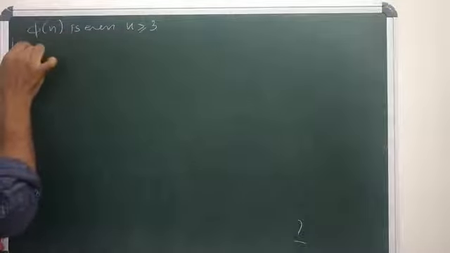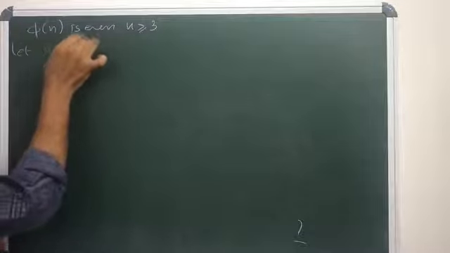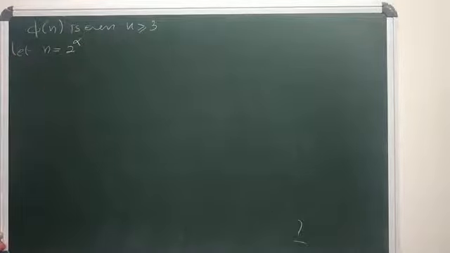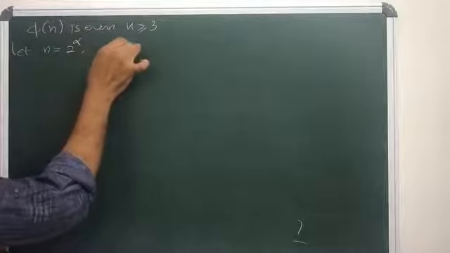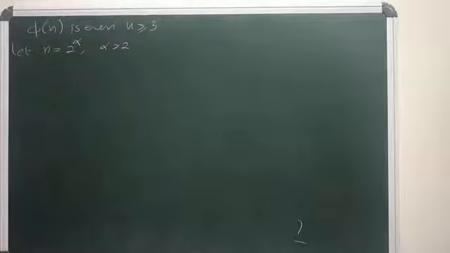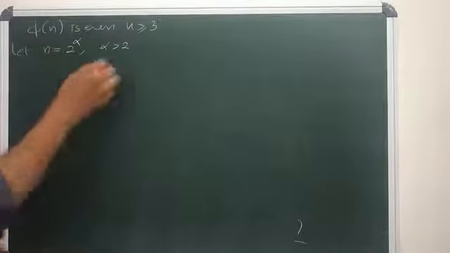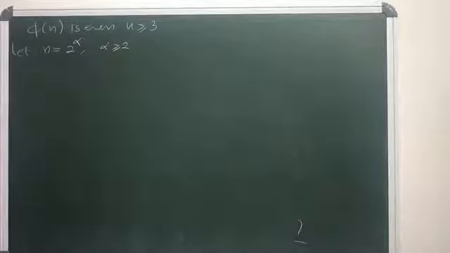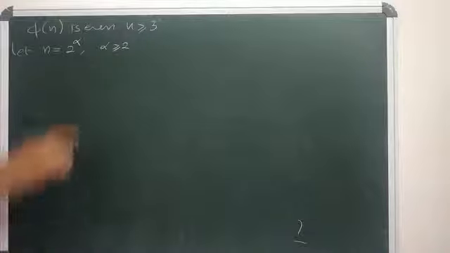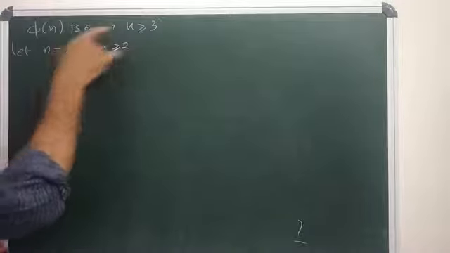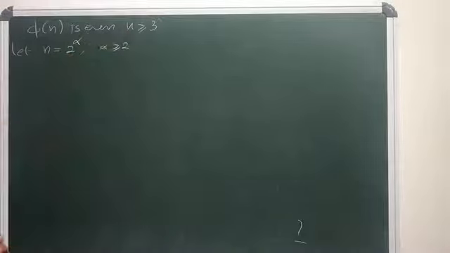Let n equal 2 power alpha, where alpha is greater than or equal to 2. When alpha equals 2, it is 4. So n equals 4 means it is greater than 3.